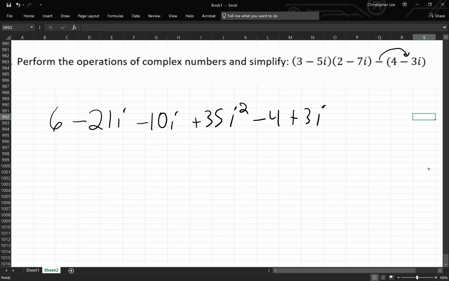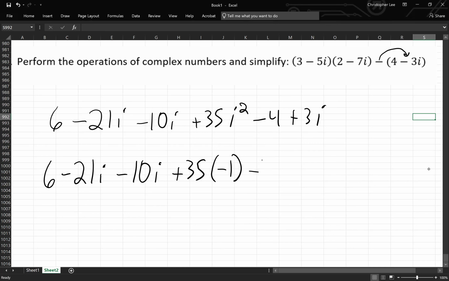After that, we want to take care of that i squared. i squared becomes what again? Negative 1, right? So this is going to become 6 minus 21i minus 10i plus 35 times negative 1, minus 4 plus 3i. Let's do a little multiplication now.